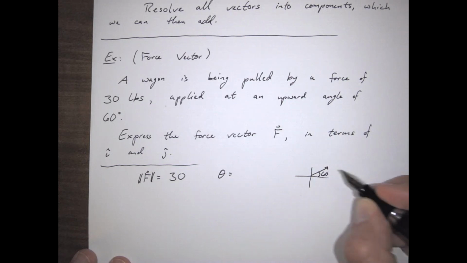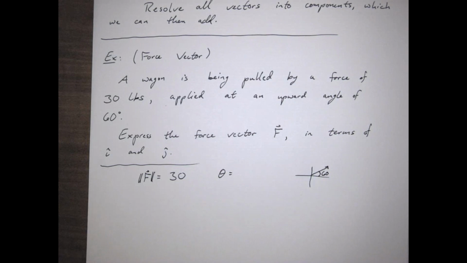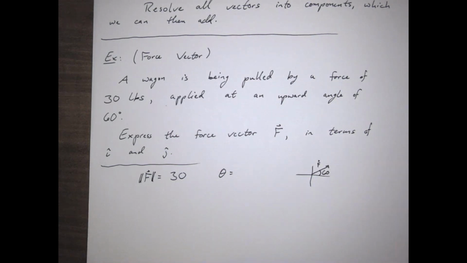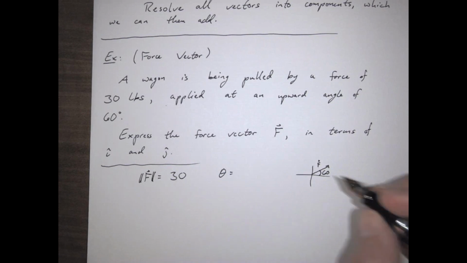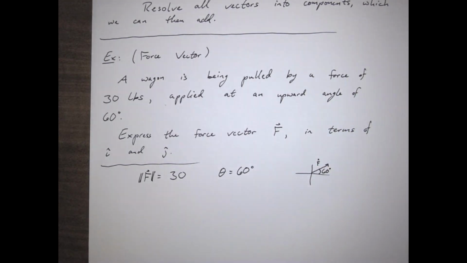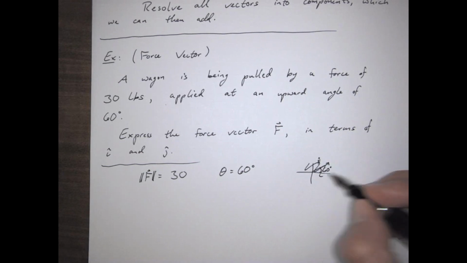The angle here is the angle that the force is being applied, 60 degrees, this diagram is not to scale. Is it really 60? Yes, it is. Sometimes we'll have to be a little more sophisticated in how we treat the angle, and figure out relative to some other thing what's going on, but here it is straightforwardly just 60 degrees. Again, not to scale. We can draw it better to scale.